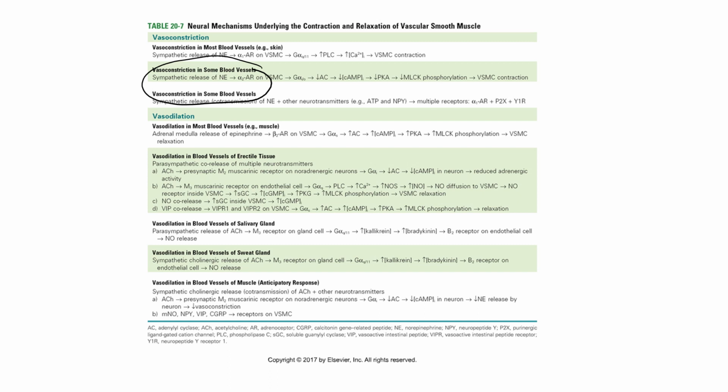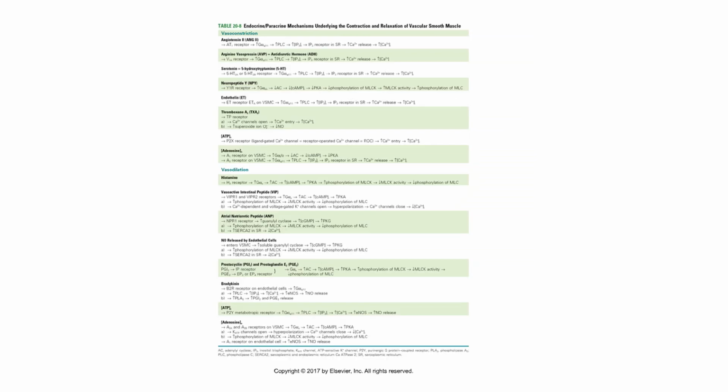And vasodilation can happen within smooth muscle that exists within blood vessels through a variety of different neurotransmitters that are released onto those smooth muscle cells. You can see many of those different mechanisms there. Additionally, there are different hormones and other chemical messengers that can stimulate vasoconstriction, and we didn't talk about any of those. And there's much more than just nitric oxide that can cause vasodilation of smooth muscle.